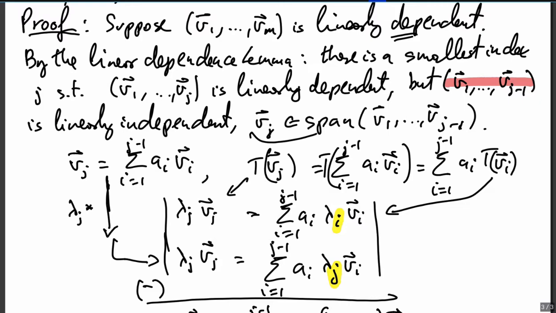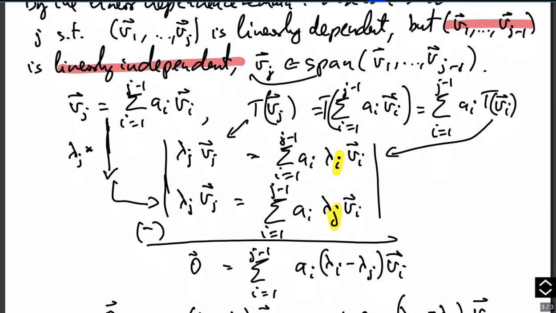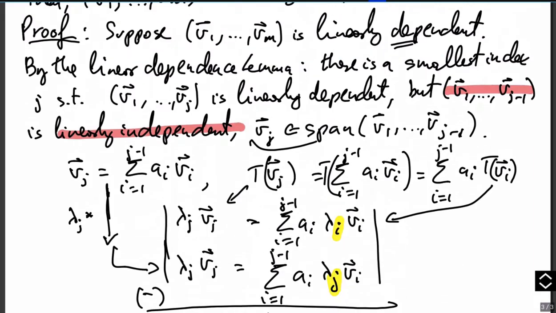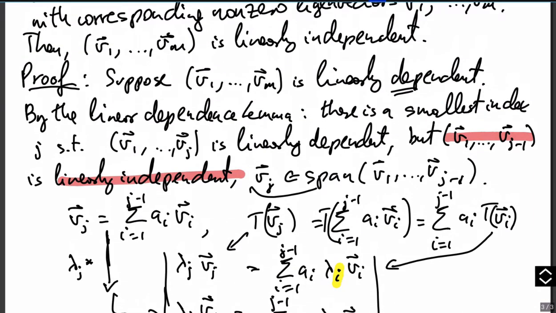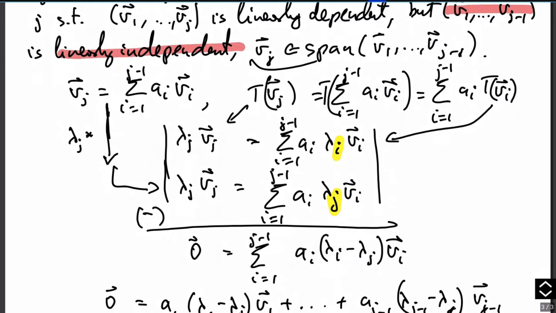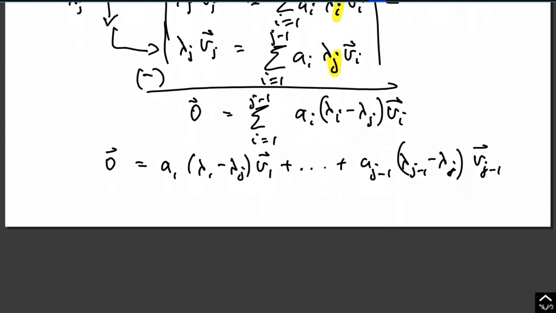But what we had is that the list v1, ..., v j minus 1 is linearly independent, because v1, ..., vj was the smallest one that was still linearly dependent. So we cut down the possibly very large v1, ..., vm linearly dependent list to the smallest possible v1, ..., vj, and now any smaller one would be a linearly independent list.